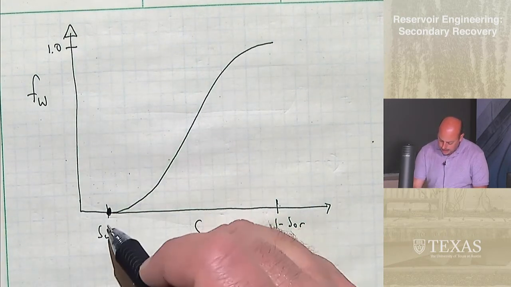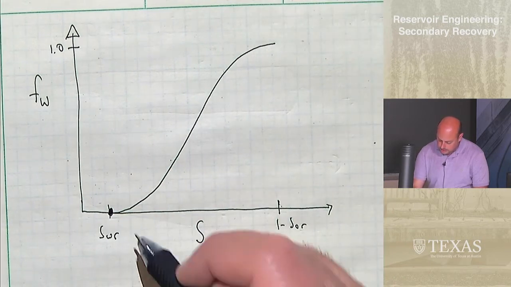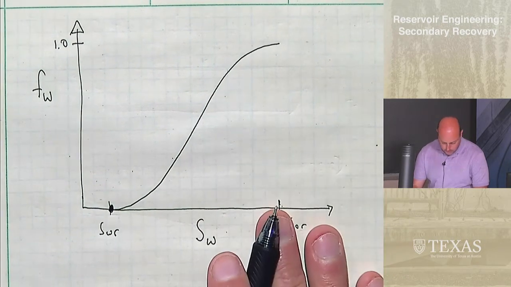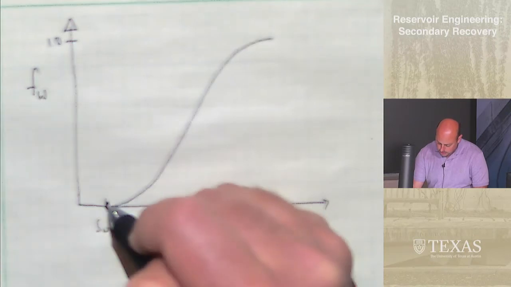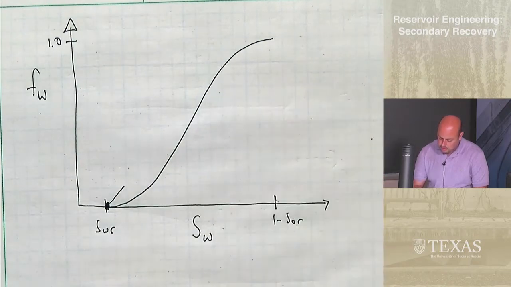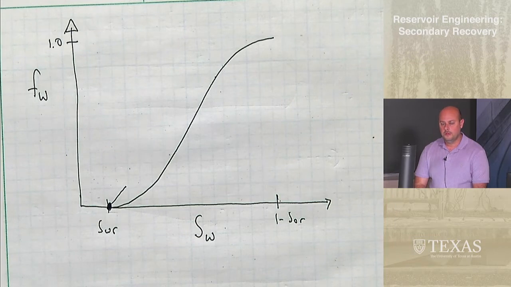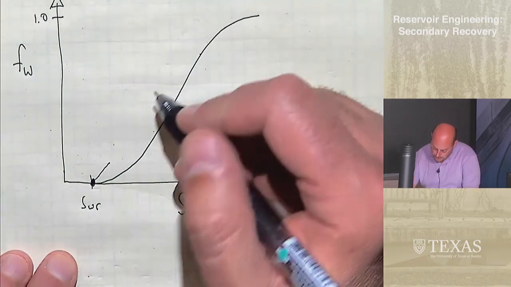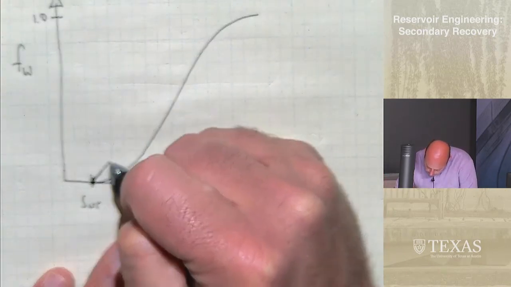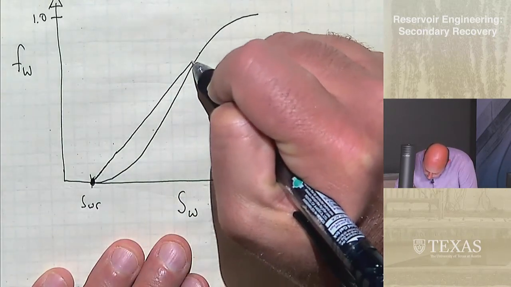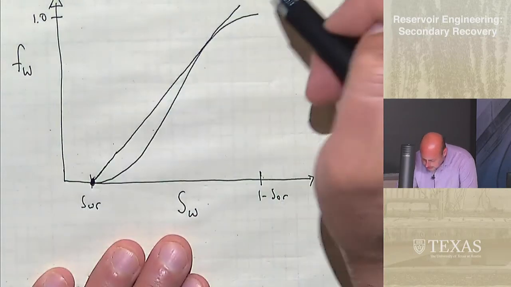And the trick is that I'm going to draw a line, but it's got to touch the fractional flow curve somewhere. It's like a tangent to the line. We call it a breakthrough tangent.